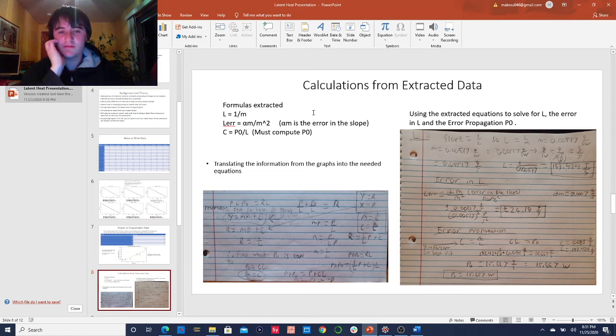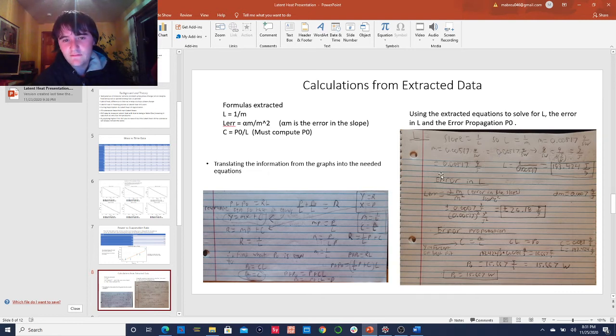So once we have all of these formulas, we can then start computing. We can start finding what each of these values are. So what we find for the latent heat is that it's about 193.424 joules per gram.